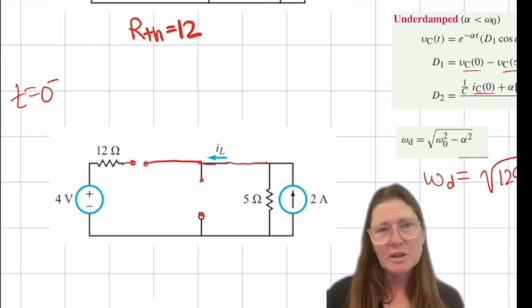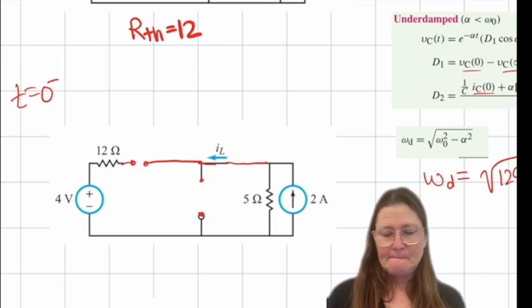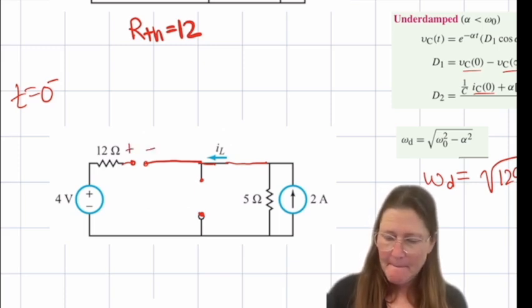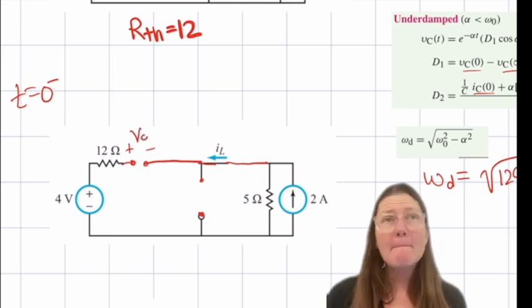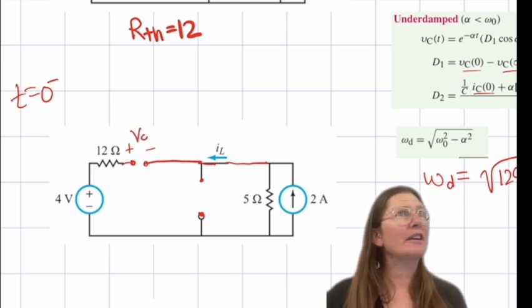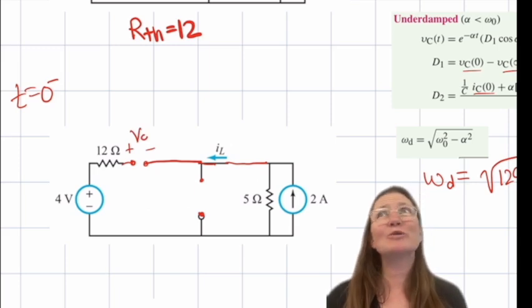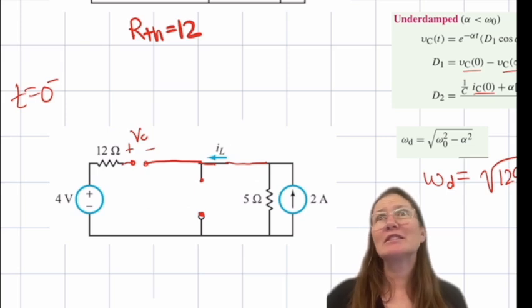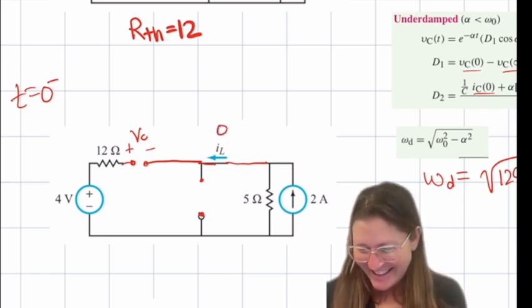So what will IL be here? IL is just a wire, right? So it will be 0.